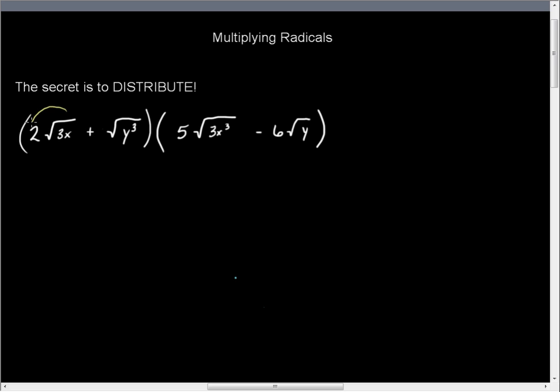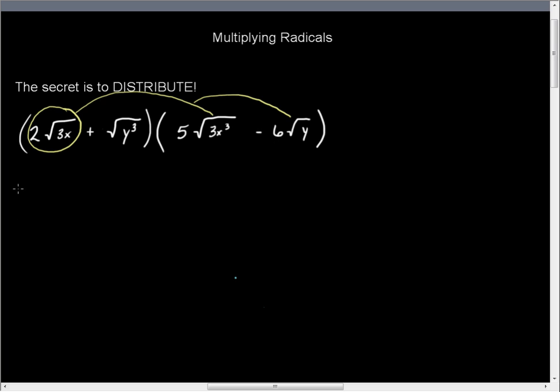I want to distribute these two binomials in order to multiply them. If you want to use the dirty four-letter F word, you can. That's okay. I'm just against it because then most students don't realize you're actually using the distributive property, and that's a very important property. So we distribute this 2 roots of 3x over to the 5 roots of 3x cubed, and also to the negative 6 roots of y.